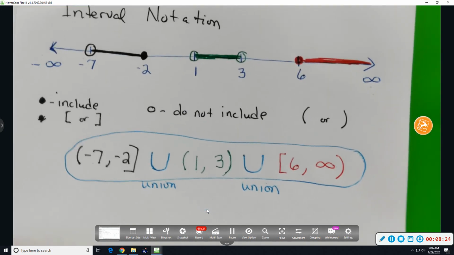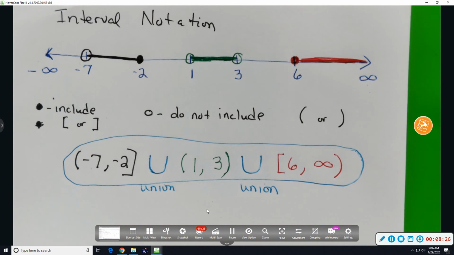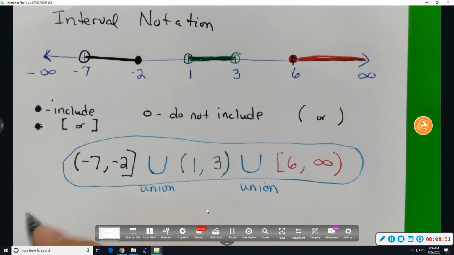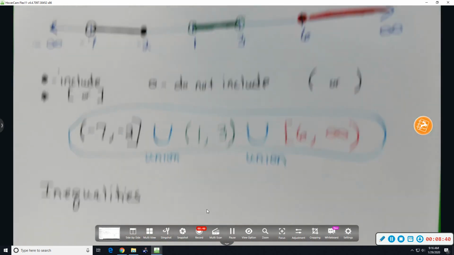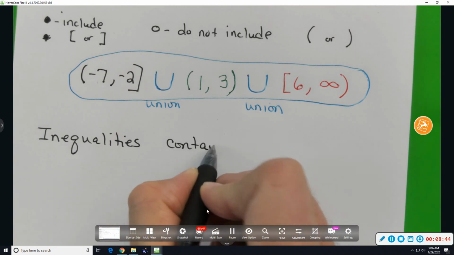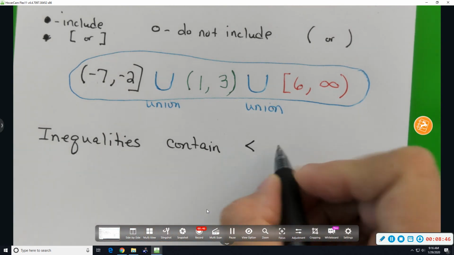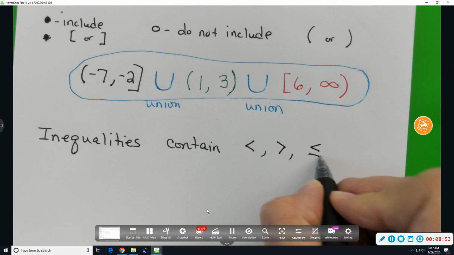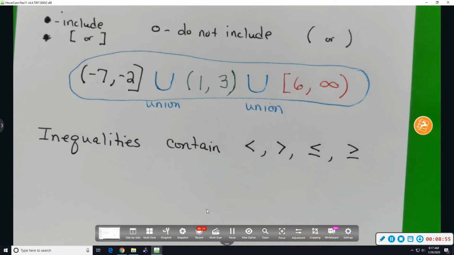This is the first assignment in a while where we're not going to be solving equations. We're going to solve an inequality. Well, inequalities contain not an equal sign, but instead a less than or a greater than, or it might have less than or equal to, greater than or equal to.